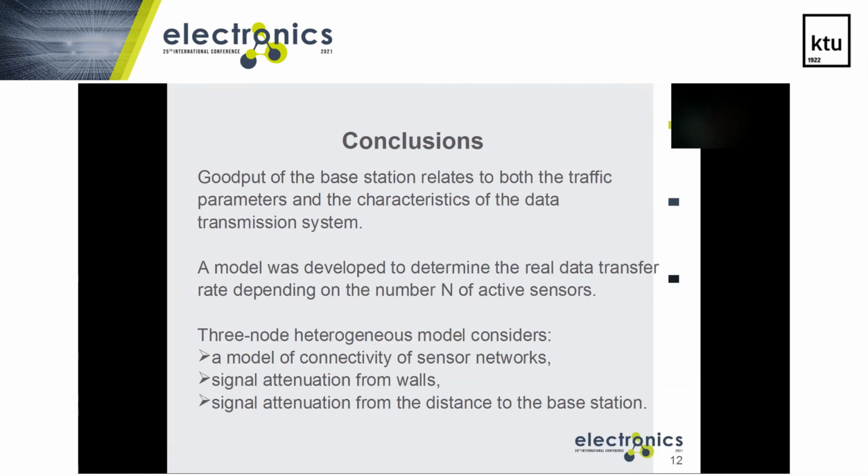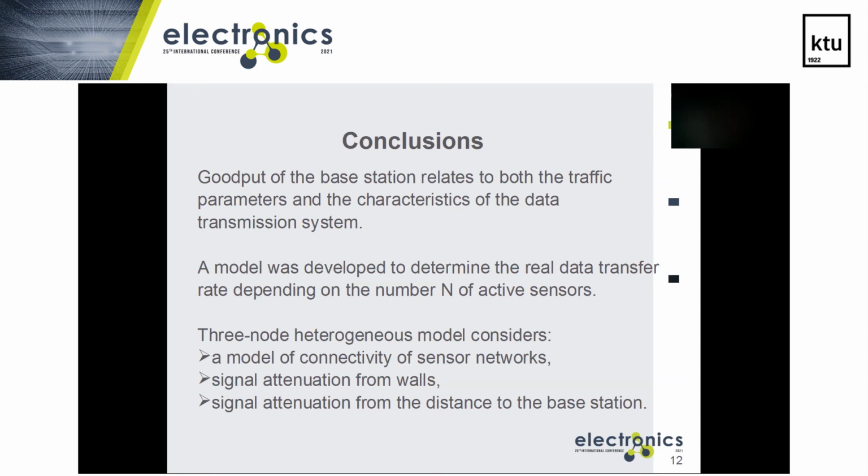In conclusion, our work proposed a new stochastic model of the quality of functioning of our sensor network connectivity. Based on the data obtained, we can conclude that the goodput of the base station is related to the traffic parameters and the characteristics of the data transmission system.